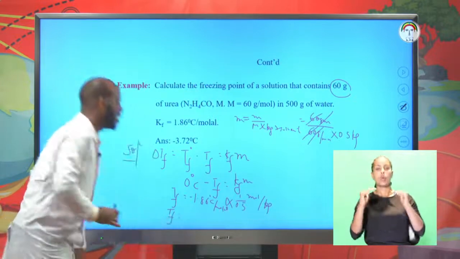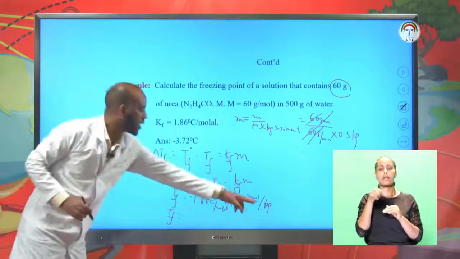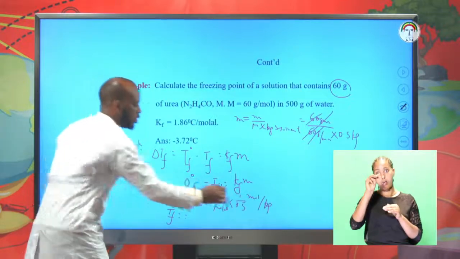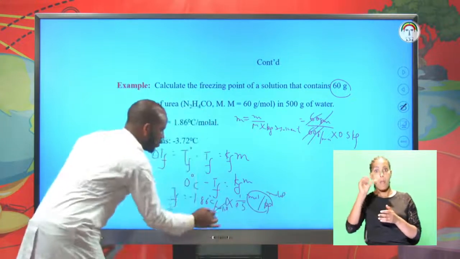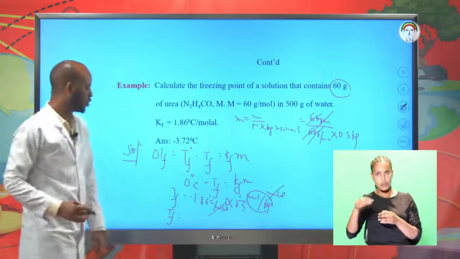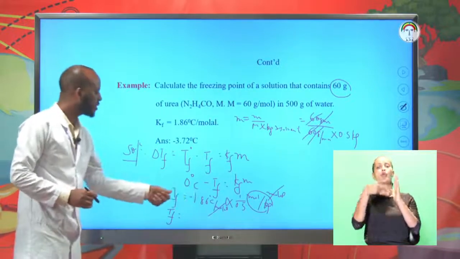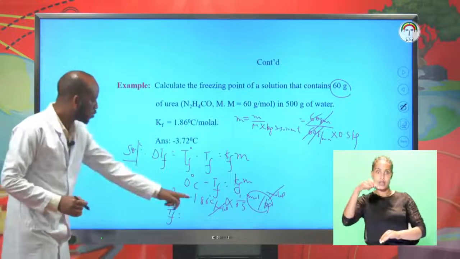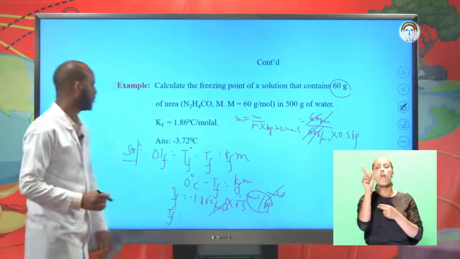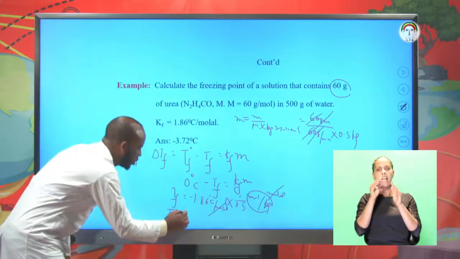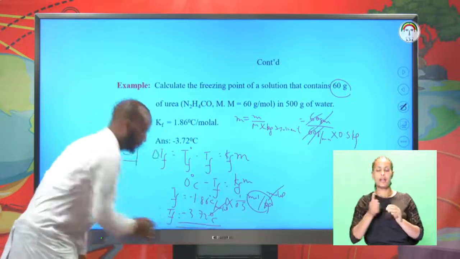Tf equals minus 1.86 degrees centigrade per molar. Mole per kg is molar. Now molar will be cancelled by molar. We are left with degree centigrade, which is the unit of temperature. Therefore, minus 1.86 degrees centigrade times 1 over 0.5 is minus 3.72 degree centigrade.